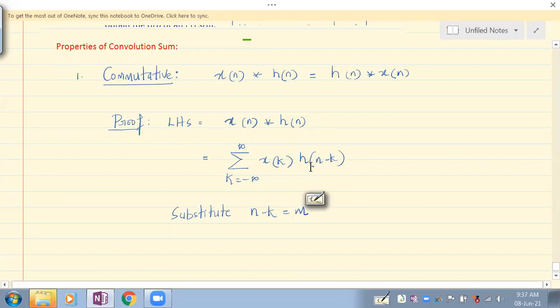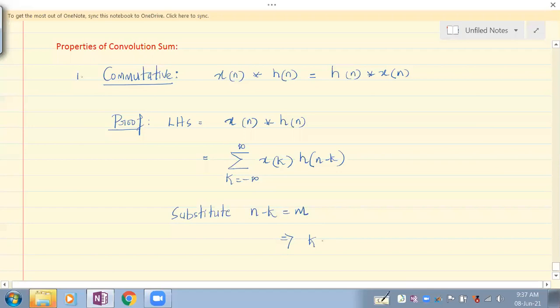If n minus k is m, what is k? That also needs to be understood here itself, because that will be substituted in our next step.